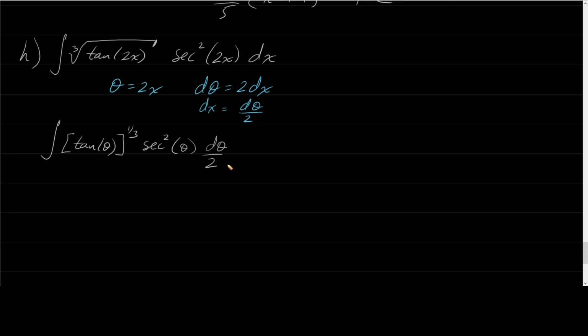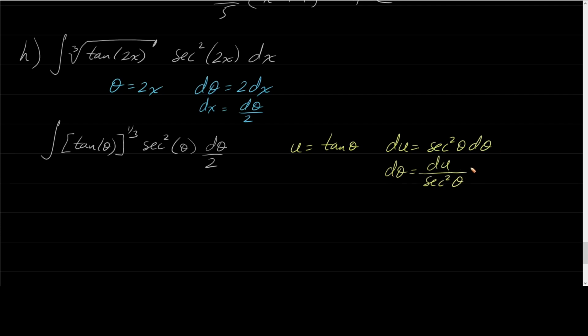All right. At that point, now I'm going to make another substitution. Now I'm going to make our u substitution there, and I'll do it in yellow. And here I'm going to say, well, let u be equal to tan theta. Therefore, du would be secant squared theta d theta. So that d theta is du over secant squared theta.